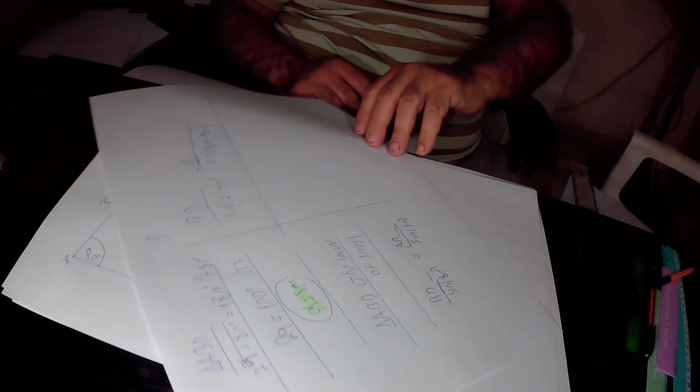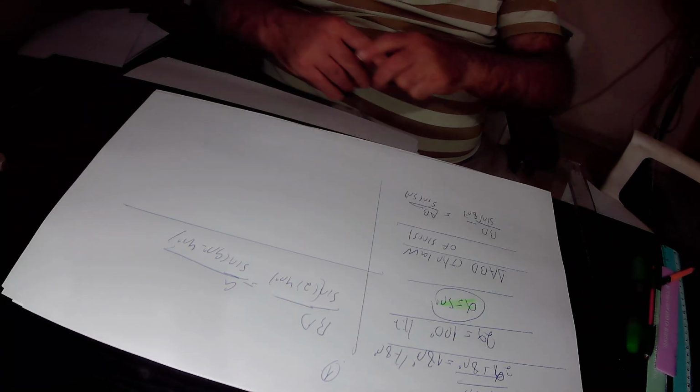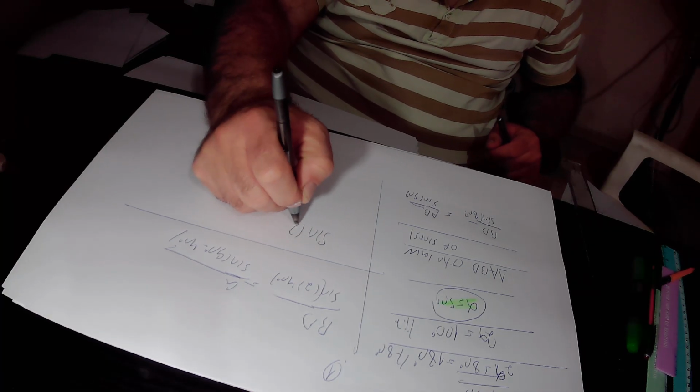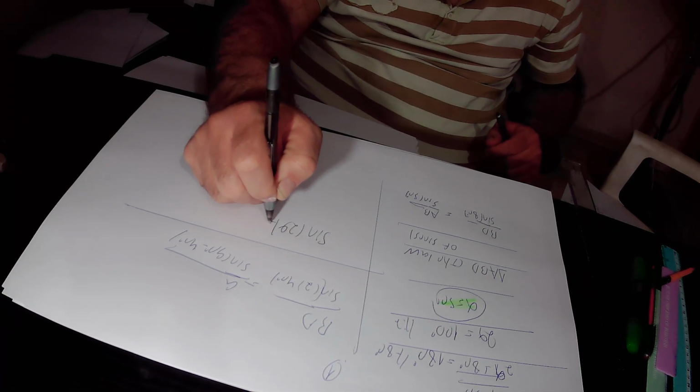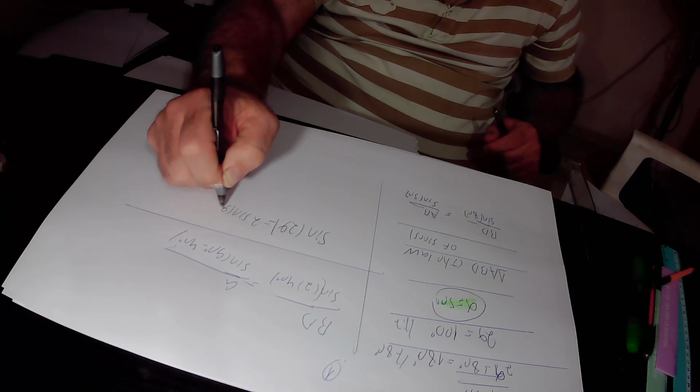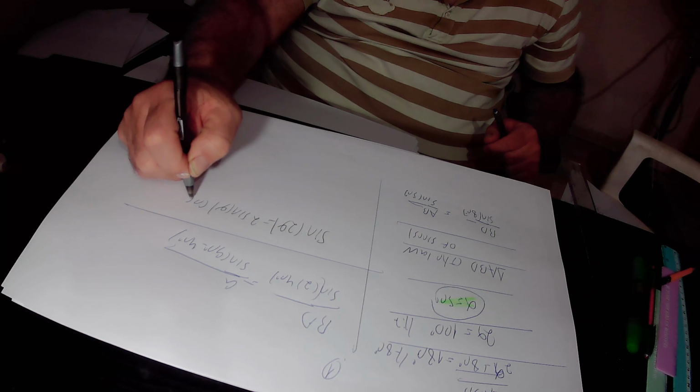We have here two trigonometric identities. The first trigonometric identity is as follows: sine 2 alpha equals 2 times sine alpha cosine alpha.